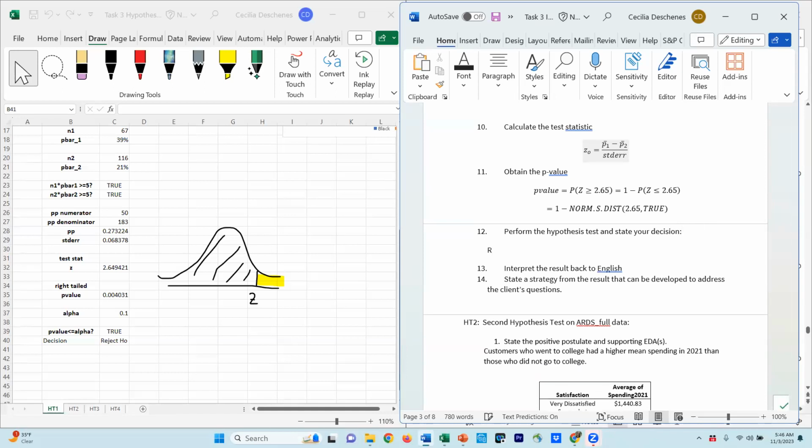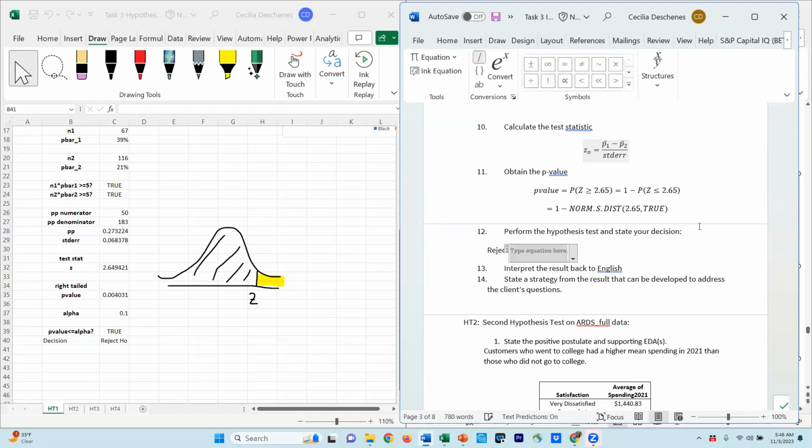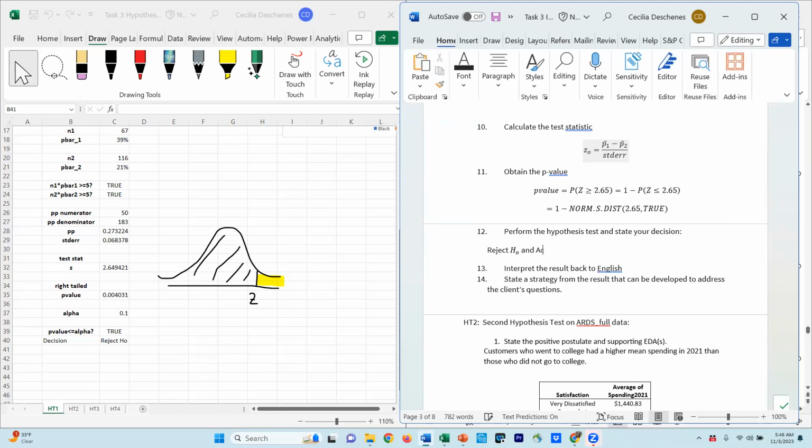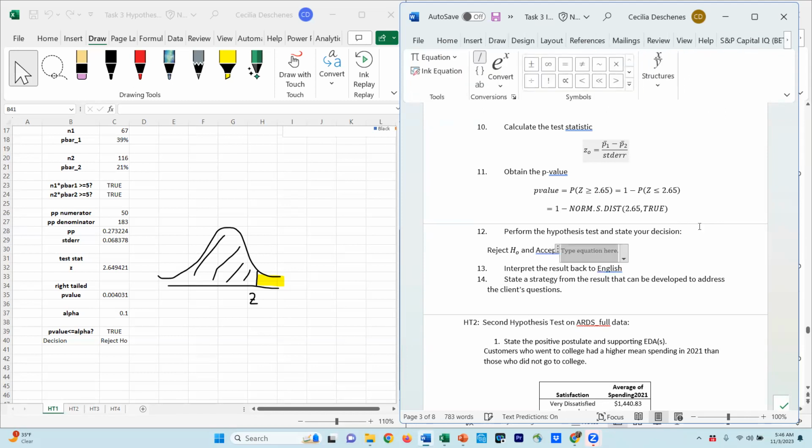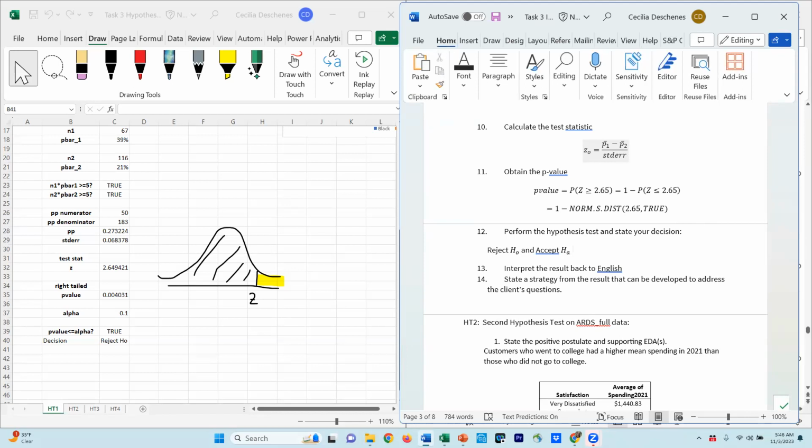So we will say reject the null and accept the alternative. So what we thought we saw turns out to be applicable at a 10% significance level. We can infer that it's true for the entire population of the organic food superstore customers.